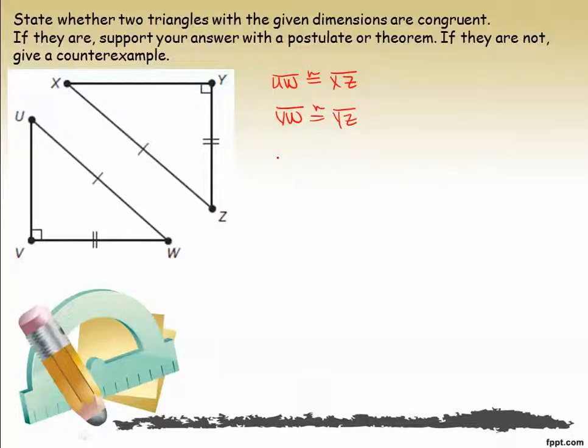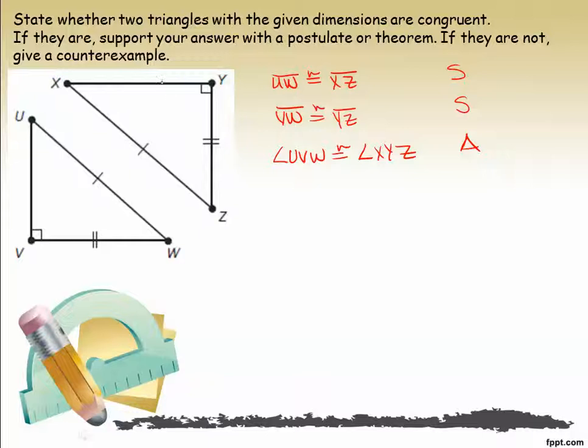Oh, and then we know that angle UVW is congruent to angle XYZ. So it looks like this is side, side, angle. And so that isn't going to work for us.